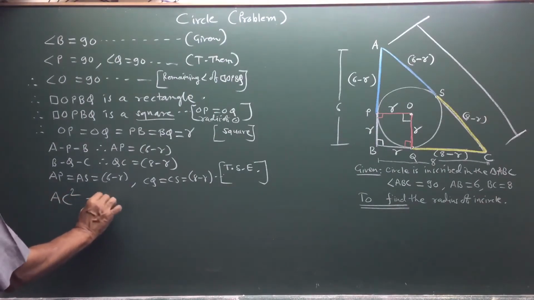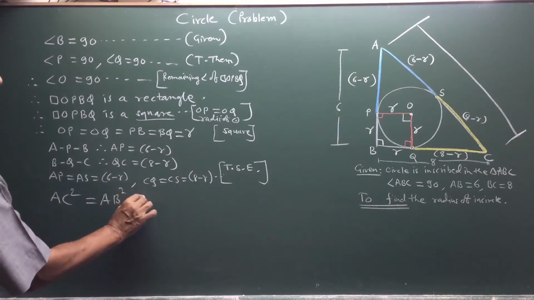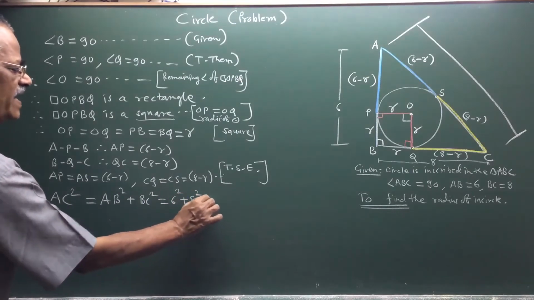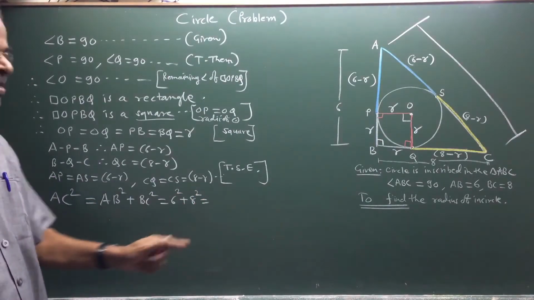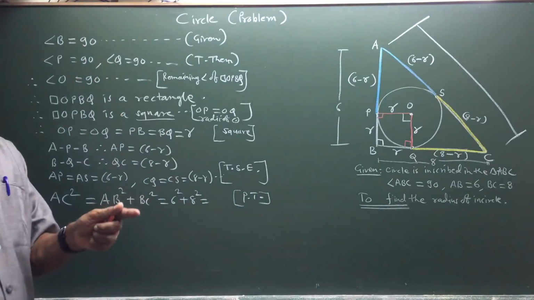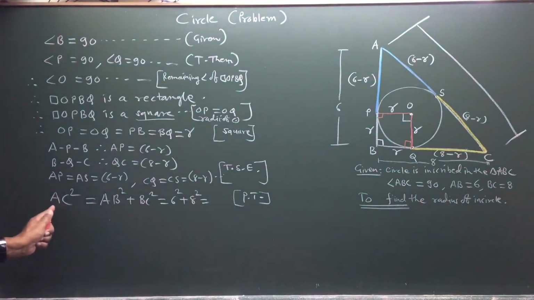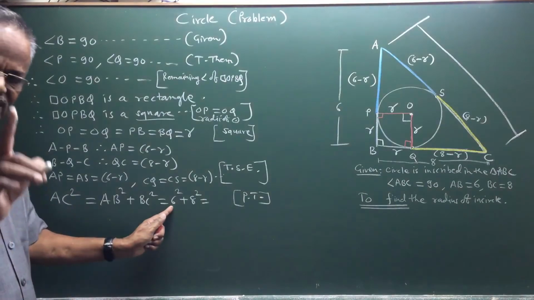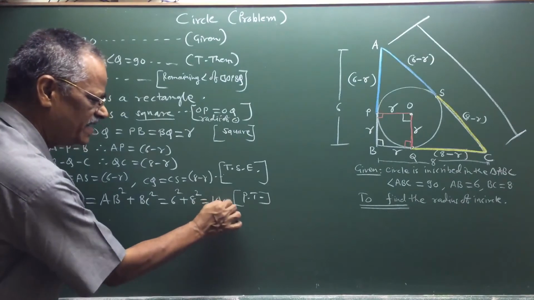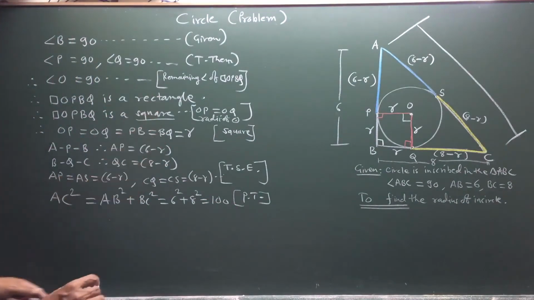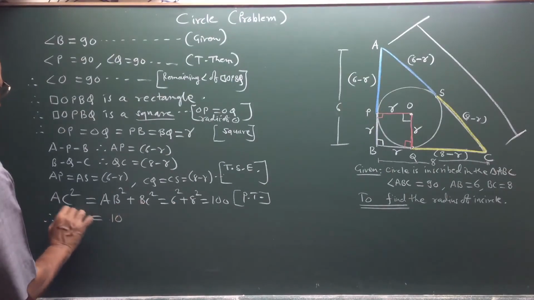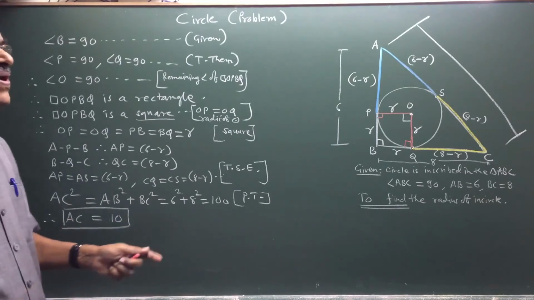By Pythagoras, AC square is equal to AB square plus BC square, which is 6 square plus 8 square. 6 square is 36, 8 square is 64, the total is 100. So the value of AC is equal to 10.